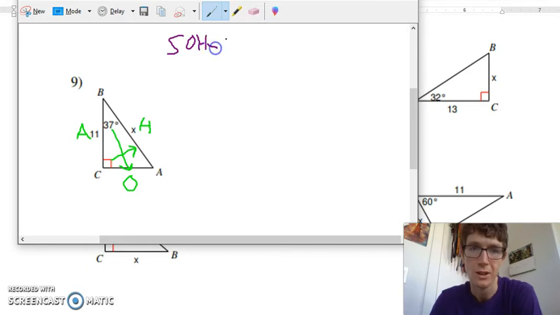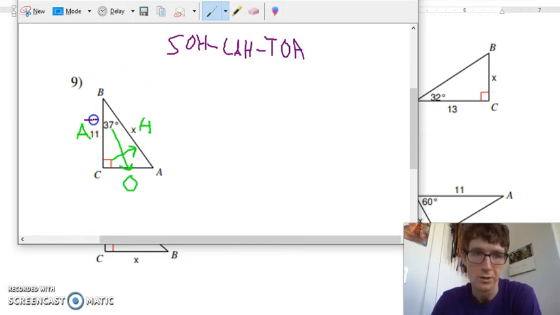So we know the adjacent, and we want to find the hypotenuse. So what has adjacent and hypotenuse in it? That would be our cosine, our CAH. So let's use that. Let's say the cosine.